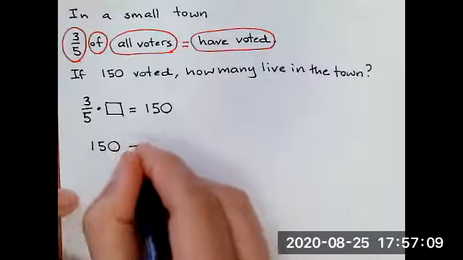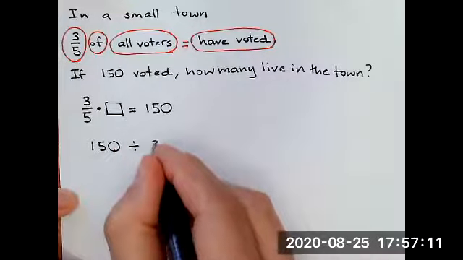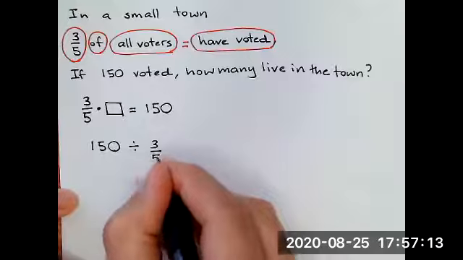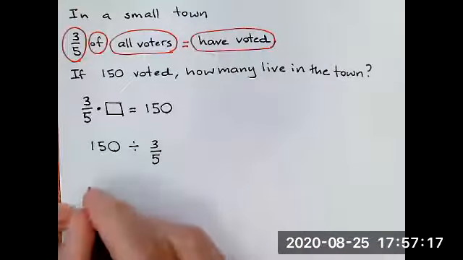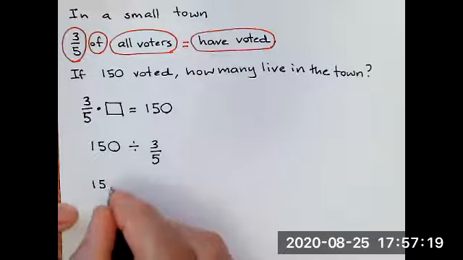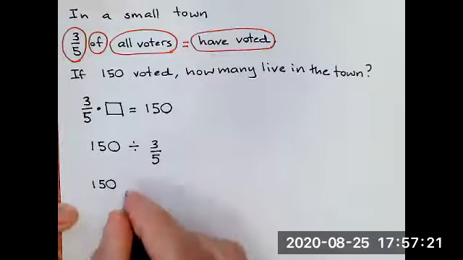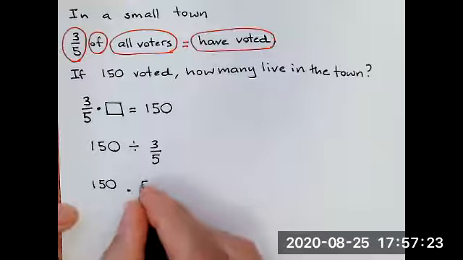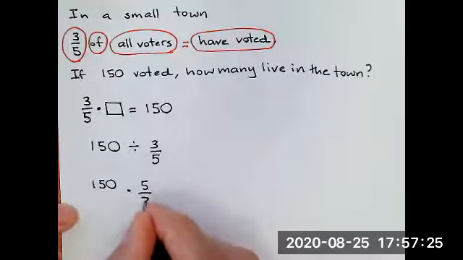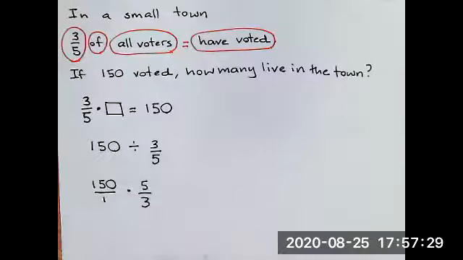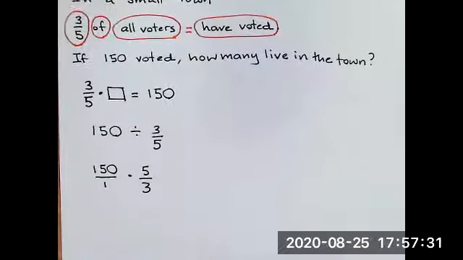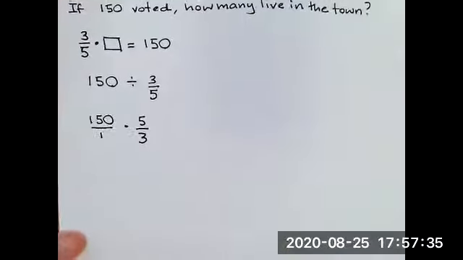150 divided by 3/5. We're dividing by a fraction. So we want to multiply by the reciprocal of the divisor. Put a 1 underneath there. And then 3 goes into 150.